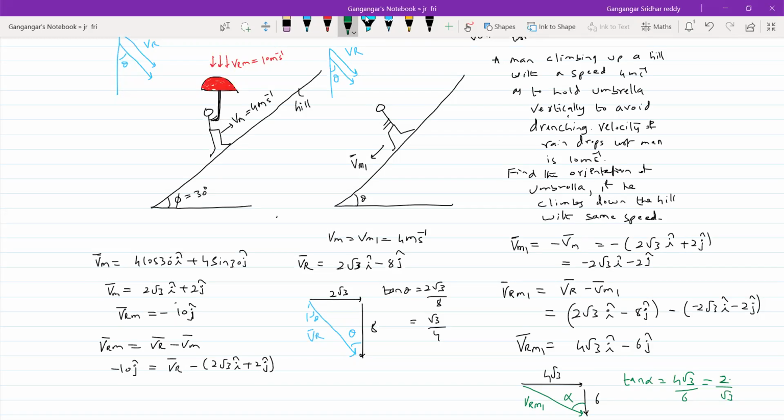So look at that alpha and put it here. Somewhere the velocity of rain, I'll just show it here. 2 by root 3.